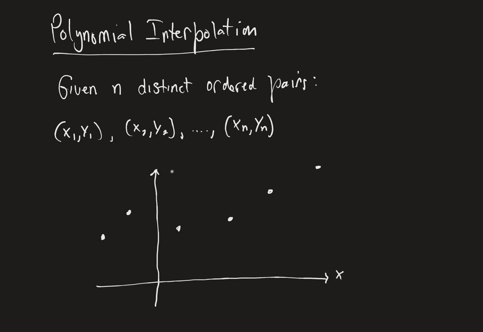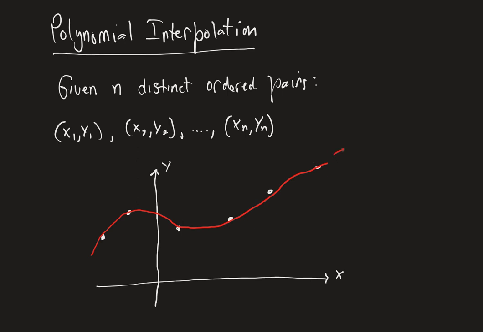We plot them in our XY plane, and based on this pattern, it looks like these points might form some kind of polynomial pattern. So what we would like to find is a polynomial that passes through each of these ordered pairs.